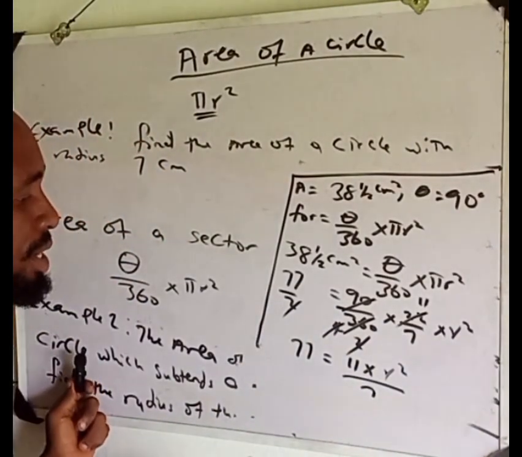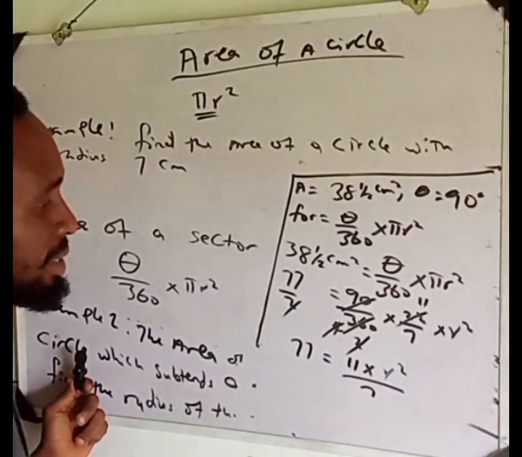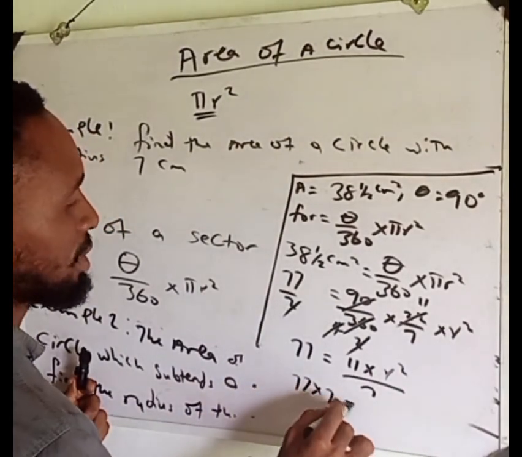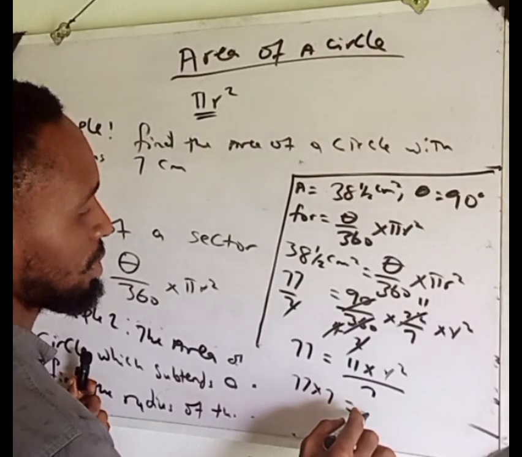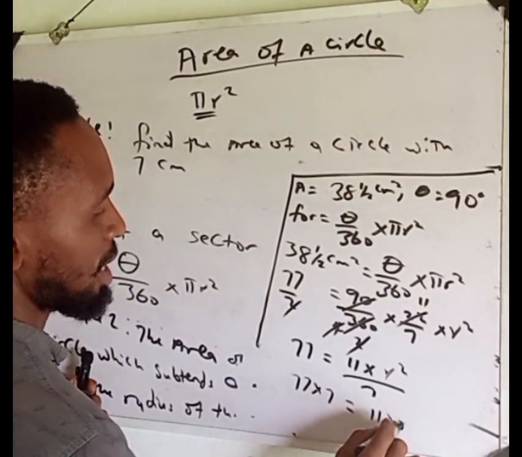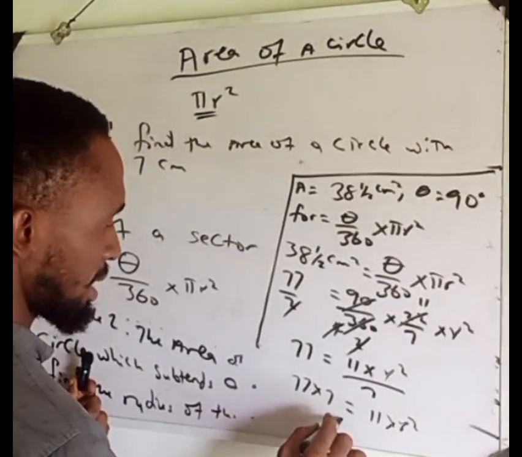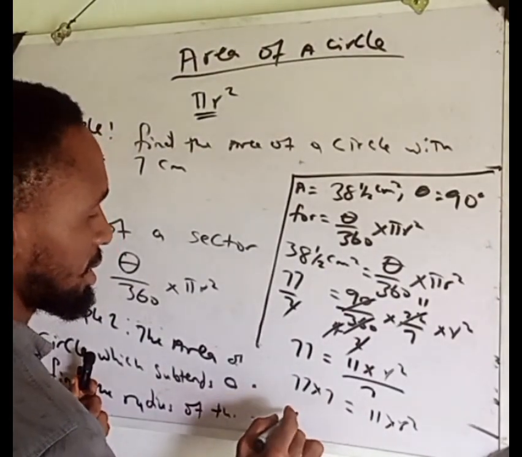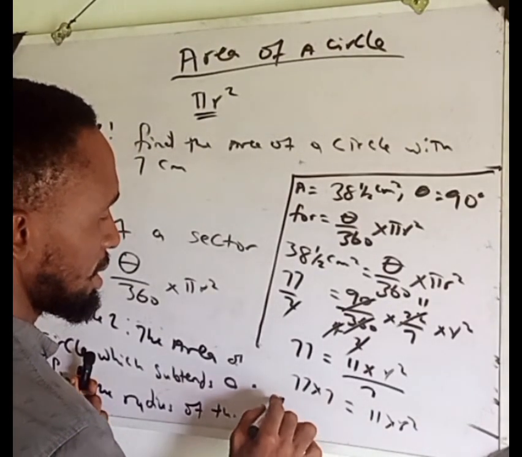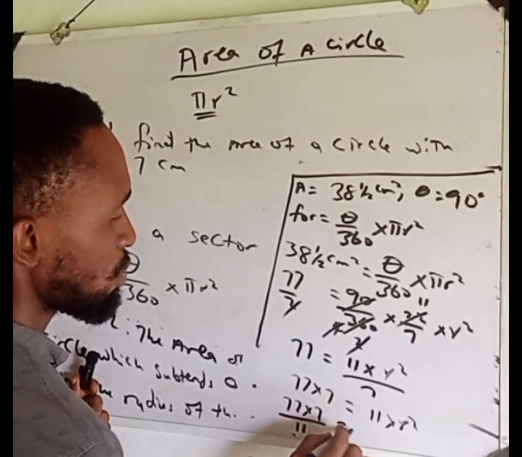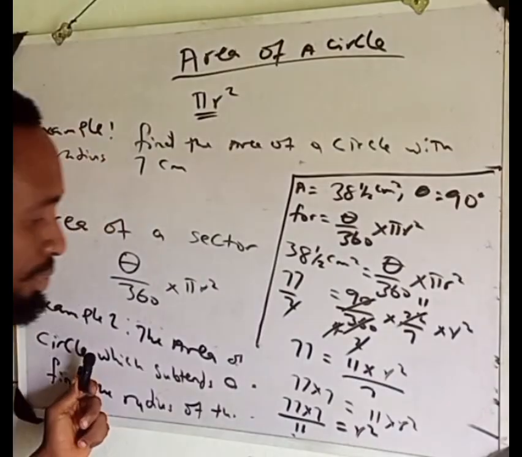So having this already, we can say that multiplying both sides by 7, I have that 77 times 7 is equal to 11 times r squared. This will also imply that 77 times 7 all over 11 will give me r squared.